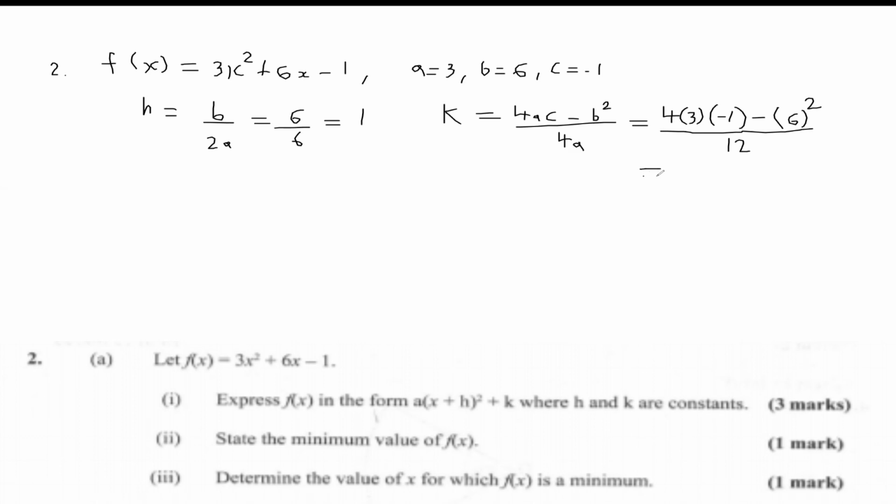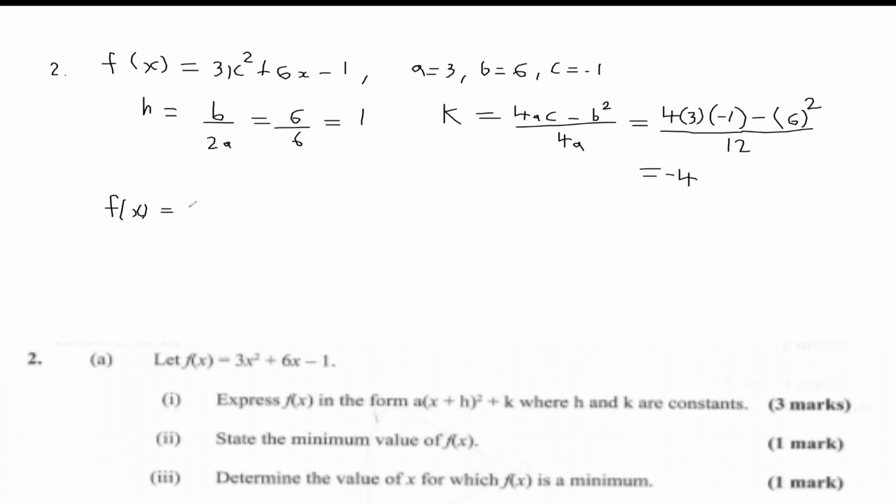So let's work out that. What are we getting? 4 times 3 times negative 1 minus 6 squared, divided by 12, I get negative 4. And so now, putting f of x in the form that they want, we can finally tell them that f of x is equal to a.